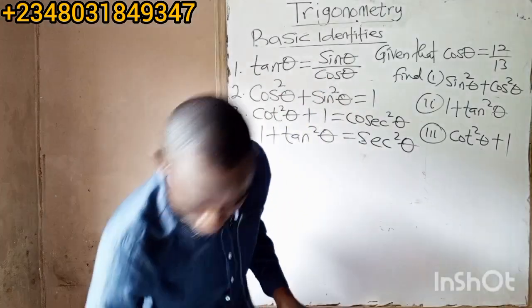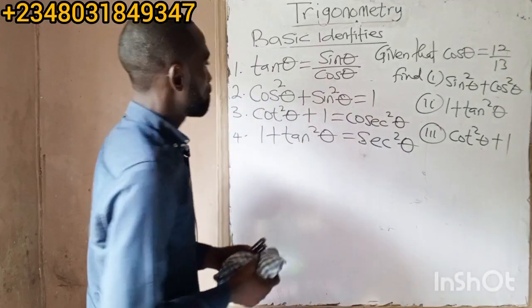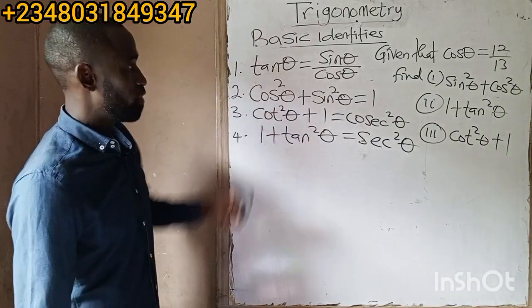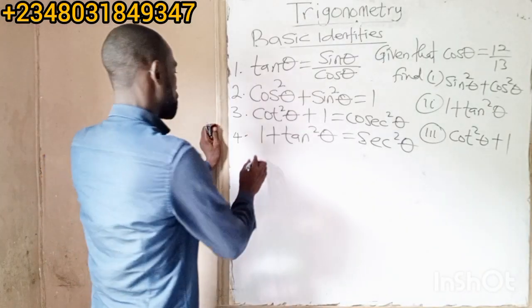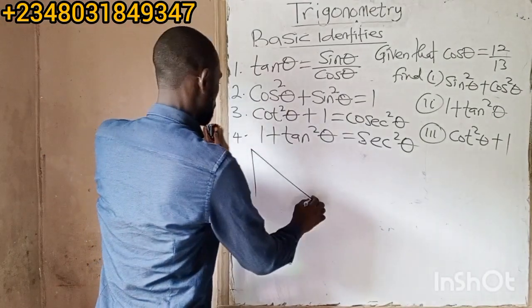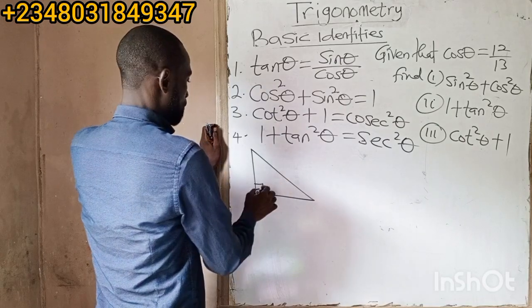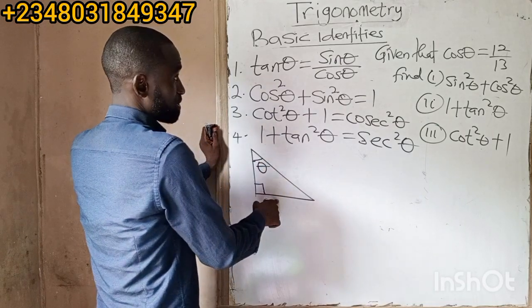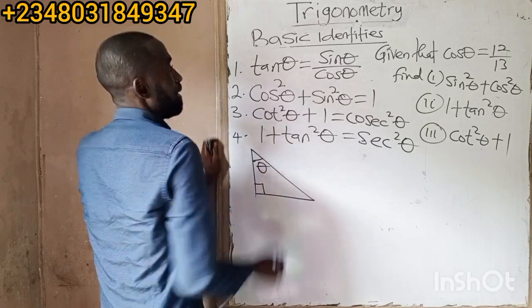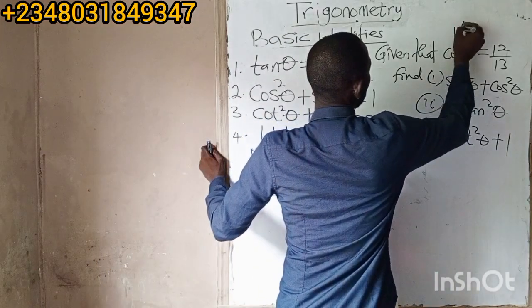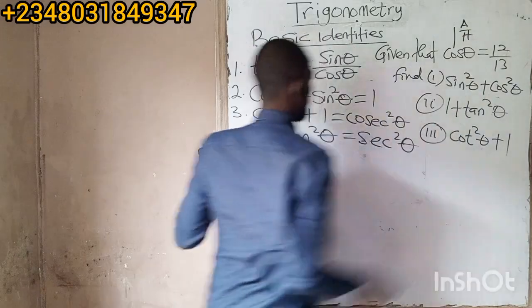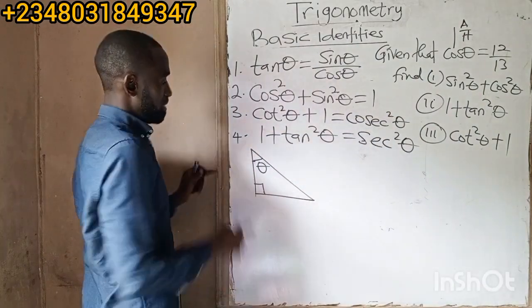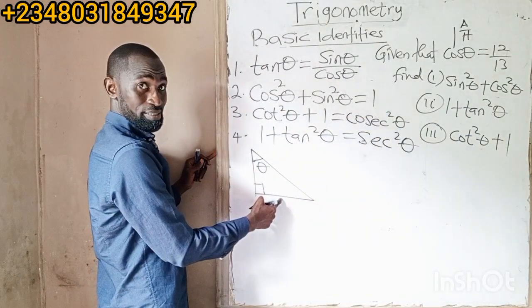So the first thing, I'll draw a right angle triangle. If I put my theta here, this will be the opposite. Cos is adjacent all over hypotenuse. This will be our adjacent and this will be the opposite.